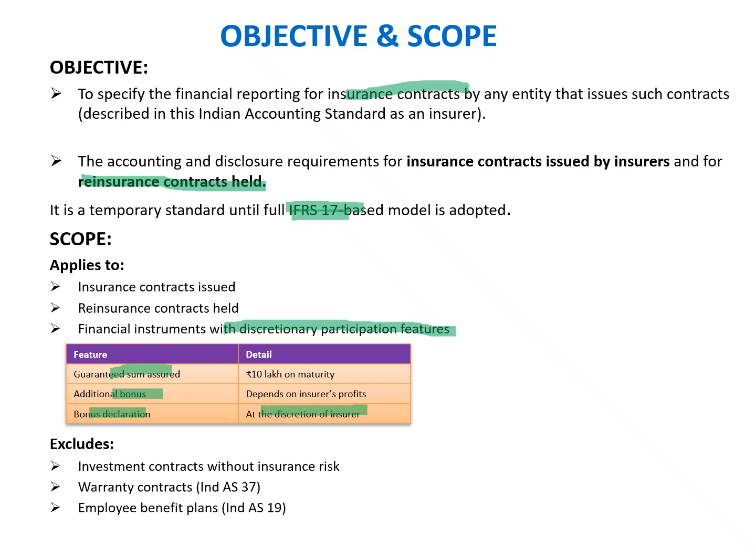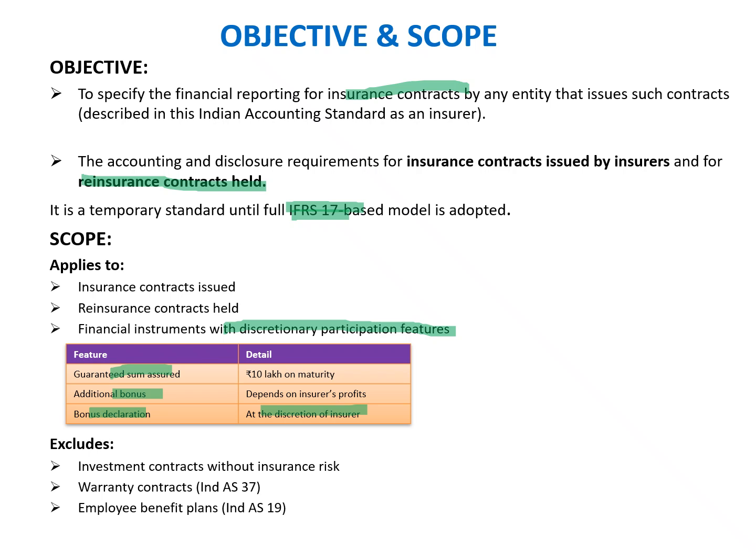So whenever these elements are there in a contract, it is called a financial instrument with discretionary participation features, which means that the amount is payable at the discretion of the issuer, in this case the insurer.